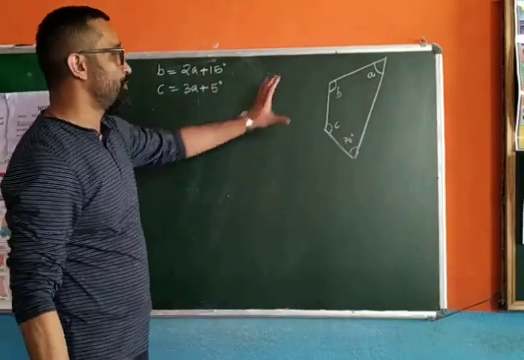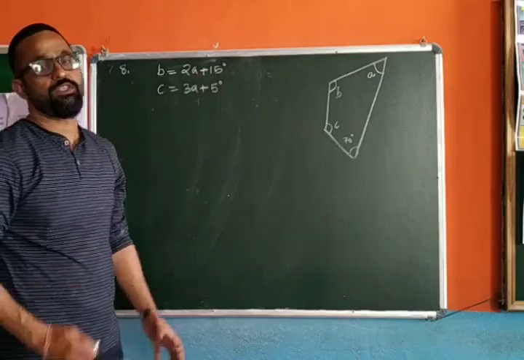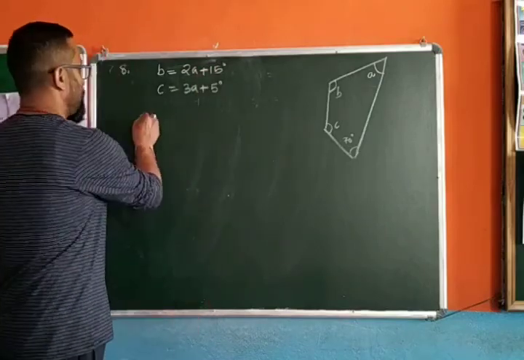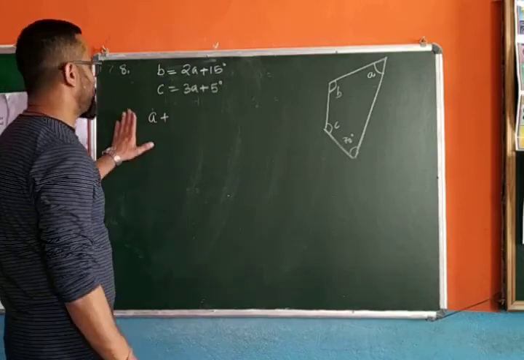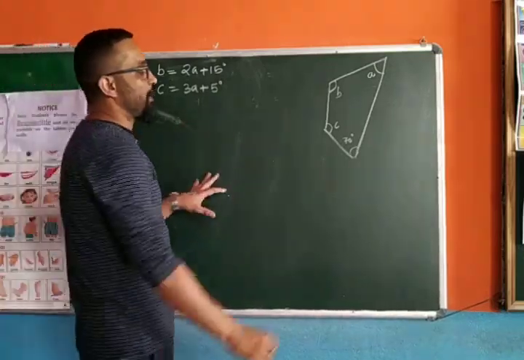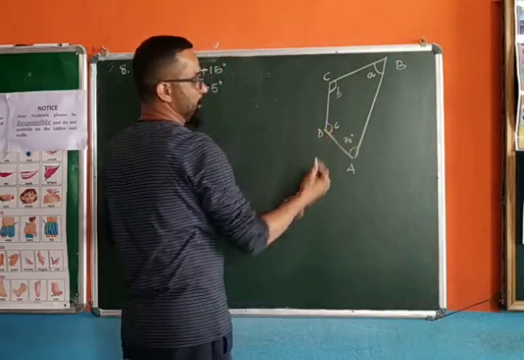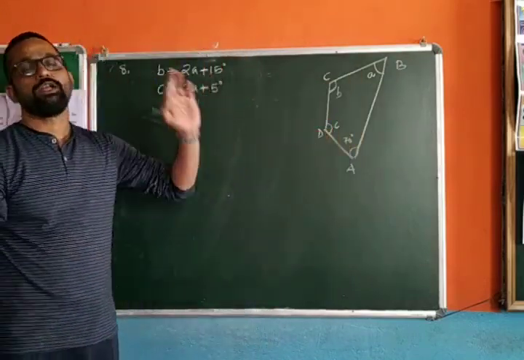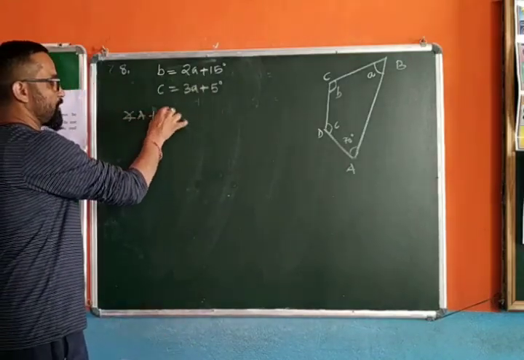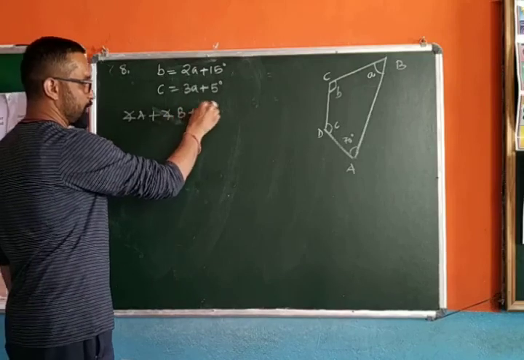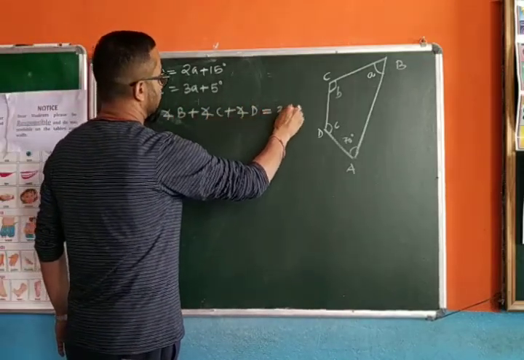So what do we do? We know all the interior angles of the quadrilateral, so we use the property. If you want to solve it, then better you write down the names A, B, C and D instead of solving directly from the figure. Angle A plus angle B plus angle C plus angle D is equal to 360 degrees.